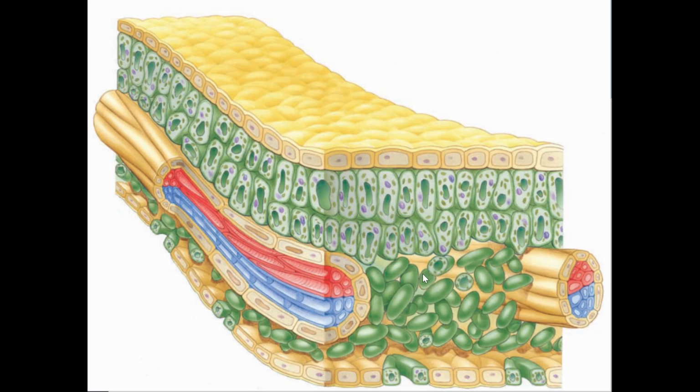It's not very condensed like palisade mesophyll, and it has much air inside, which allows photosynthesis to happen. And then there is a stoma here to allow the air to pass, with the two guard cells that can open and close.